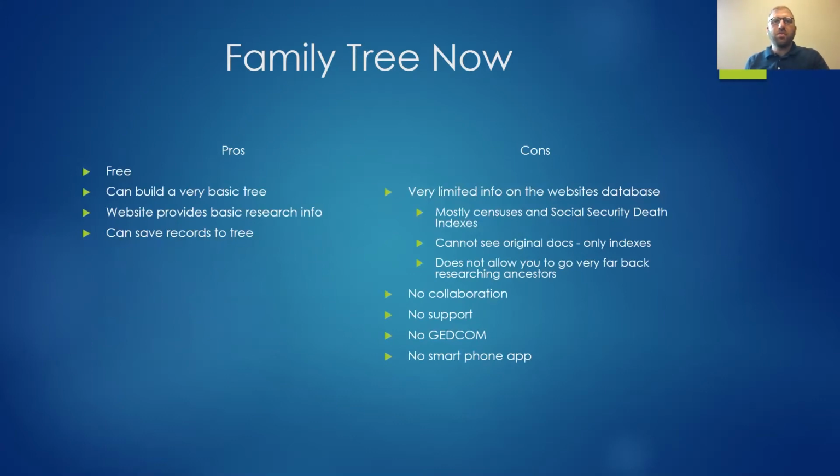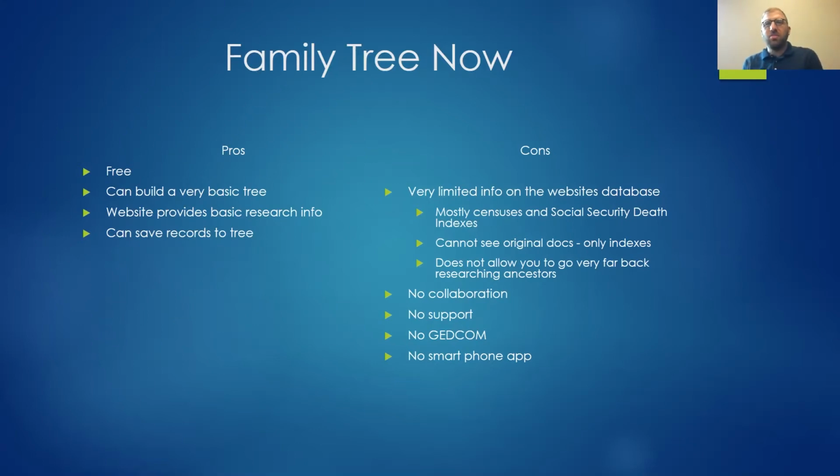So the pros: you can actually build a very basic family tree. Their website does provide some basic research info, and you can save records to the tree. However, that's about where the pros end, and there are actually quite a few cons. The information in their databases is very limited.